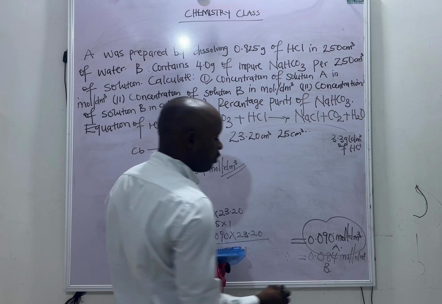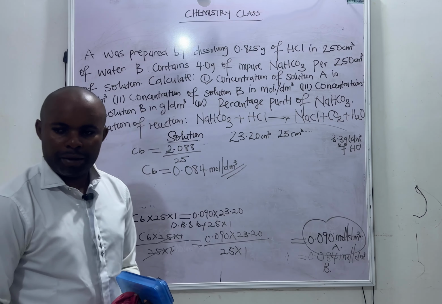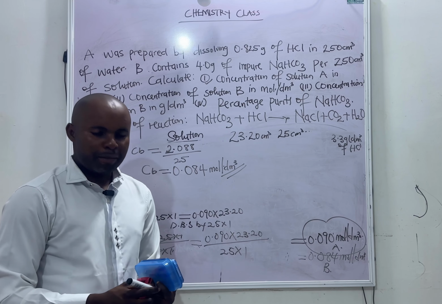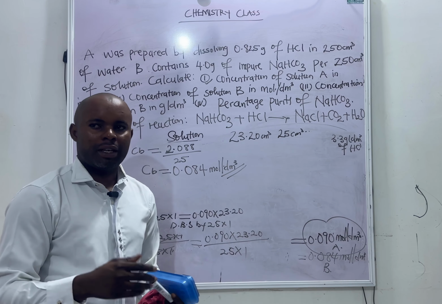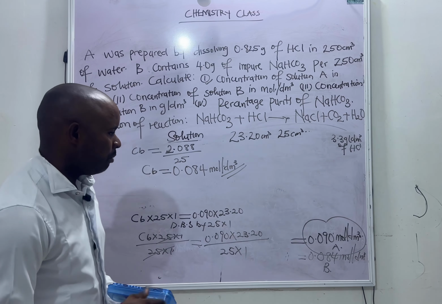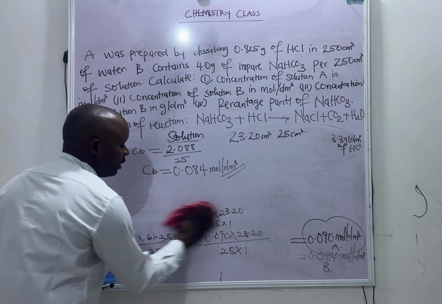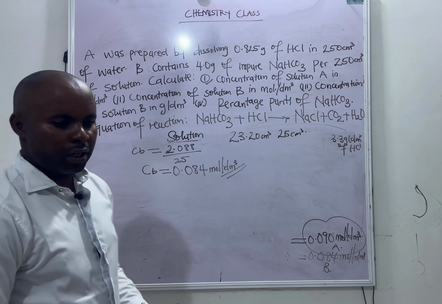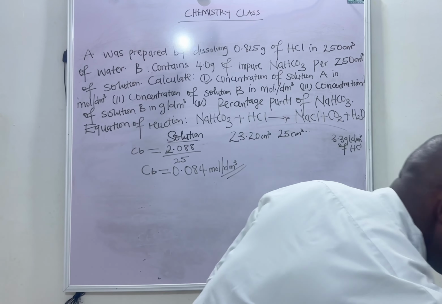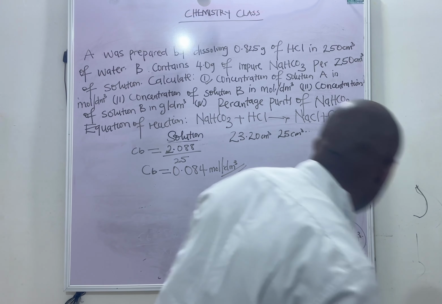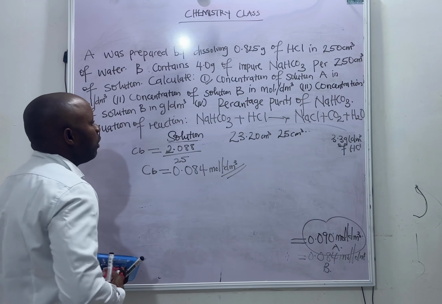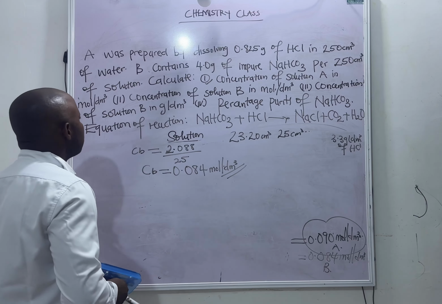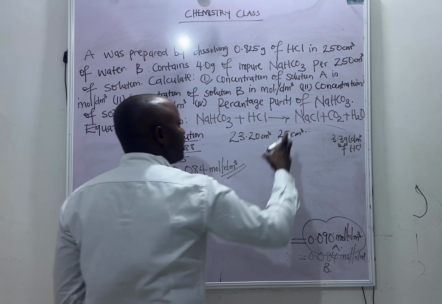Since we are able to know the concentration of A and B, we can know the mass concentration of this B by using the simple formula known as mass conc equals to molarity times molar mass. We are going to solve for concentration of solution B in gram per dm cube.